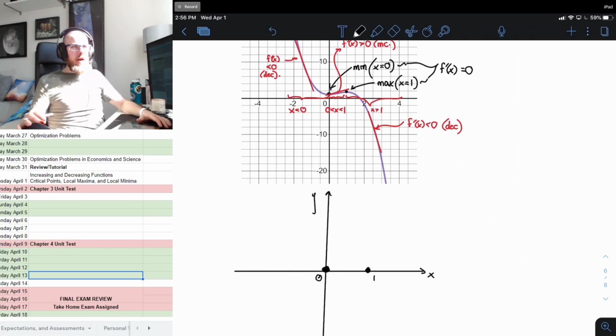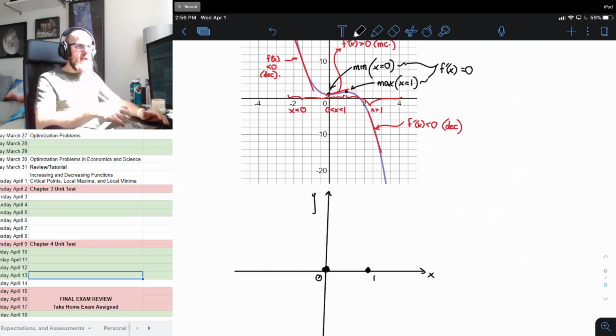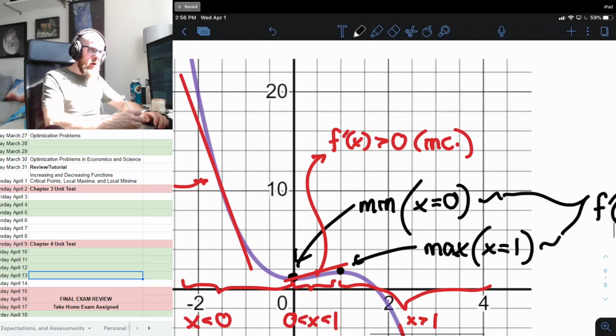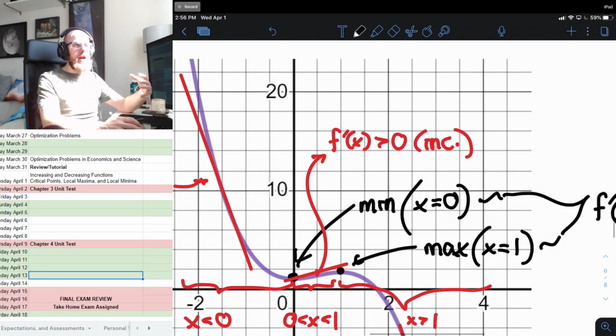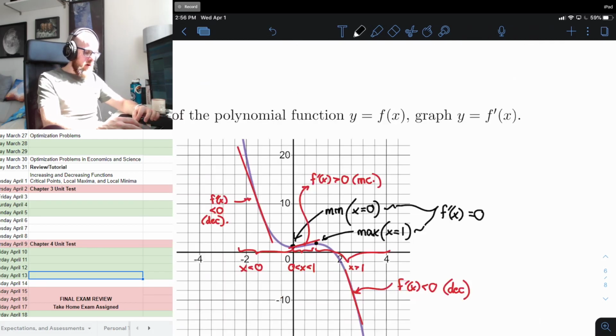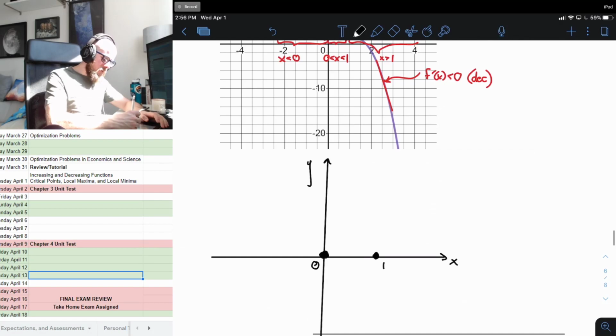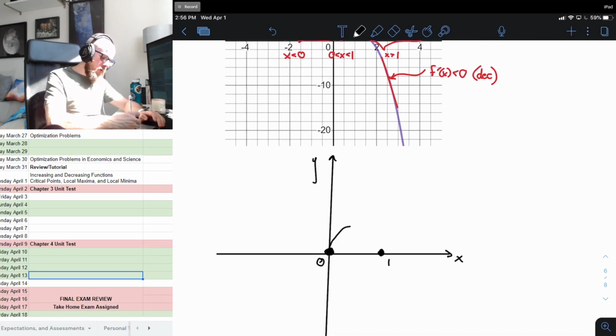Now, in between those 2 points, I know that I'm increasing, right? So between 0 and 1, I know that my function is increasing, which means my derivative is positive, okay? And so what that means is my derivative has to be above the x-axis here.